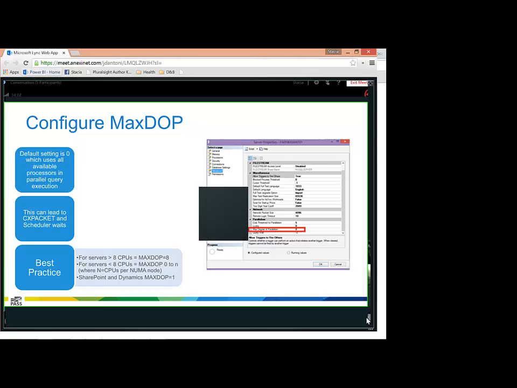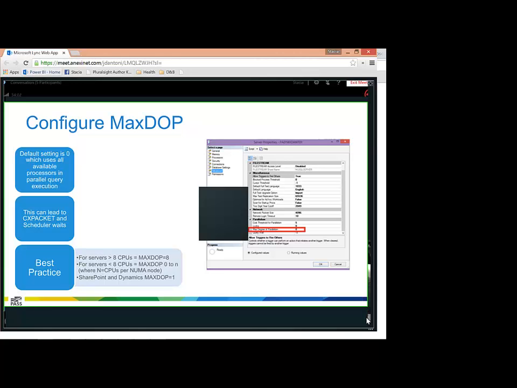And that just means each processor in the server, or socket rather, is going to have its own bank of memory. And SQL Server is NUMA aware, so it knows which pages are in bank 1 and bank 0. So basically, we wouldn't want to have more cores than are in one of our sockets in a 2-socket server.